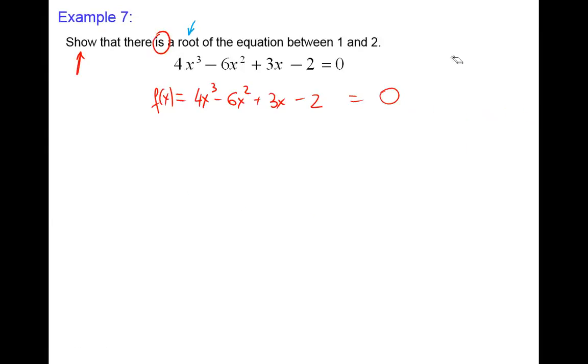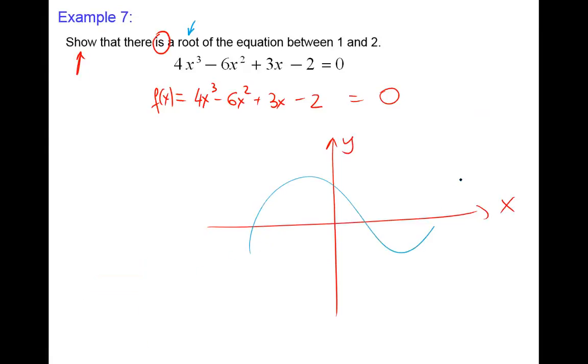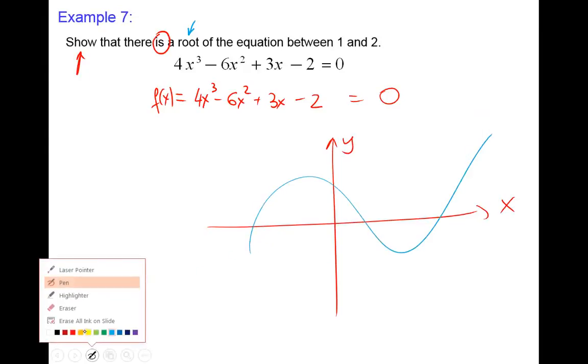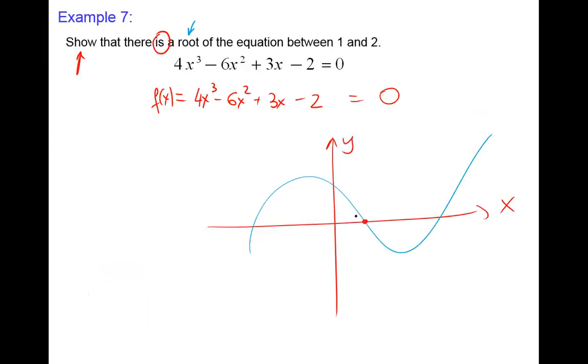We will do the calculation. I don't know how the function looks, but possibly I can draw something, maybe like that. And this is one of the zeros, and I want this to be between 1 and 2. They are just asking us to prove that one root exists between 1 and 2.